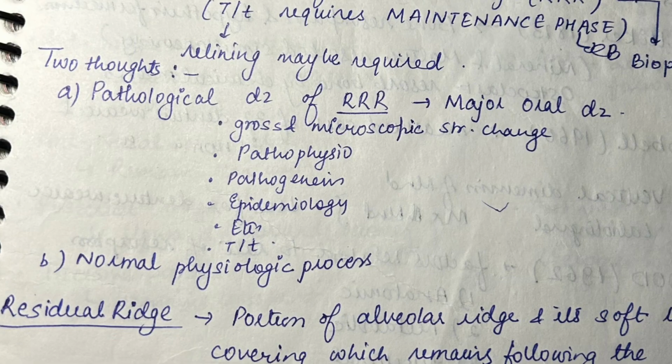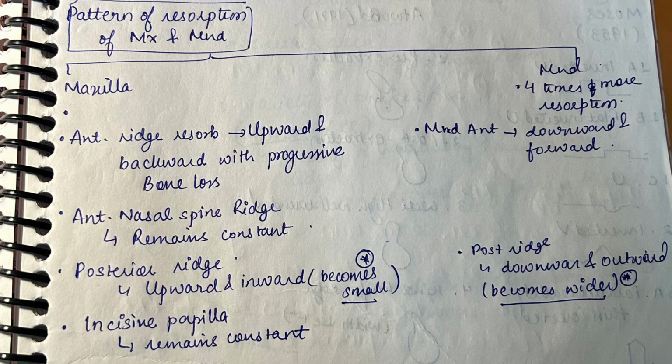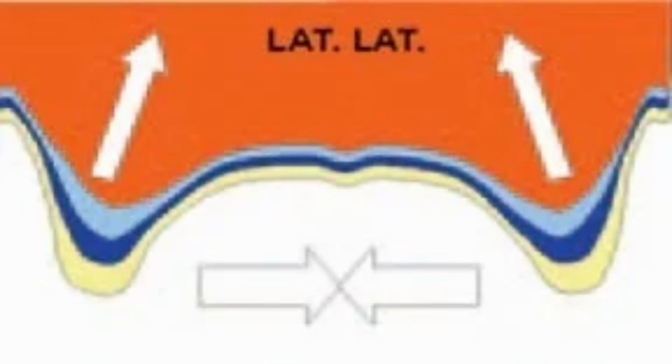So there are two schools of thought. One believes that residual ridge resorption is a pathological disease, whereas the other believes that it is a normal physiologic process. Atwood explained that it is rather a multifactorial process. Different patterns of resorption can be seen for maxilla and mandible.